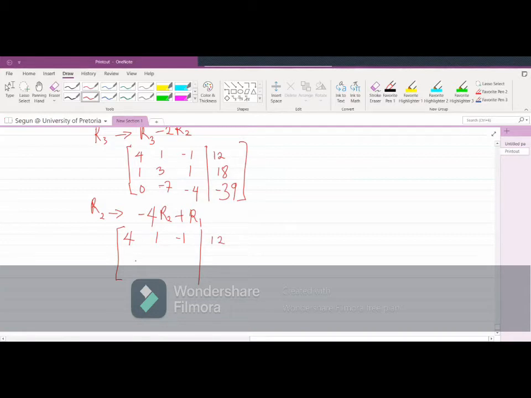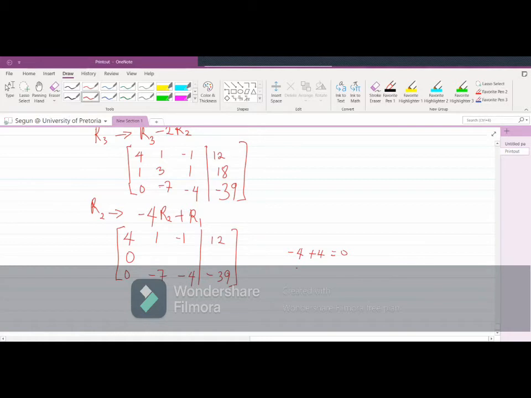What will happen to row 2 now? So let's solve row 2. Remember, row 3 will also remain itself. So row 2 will be -4 plus 4, which is 0. Put 0 here, because you are adding it to row 1.